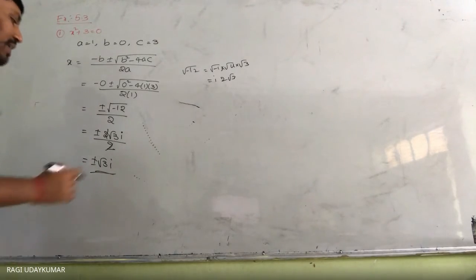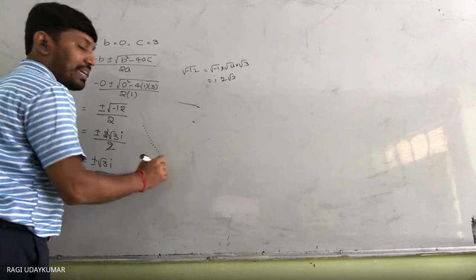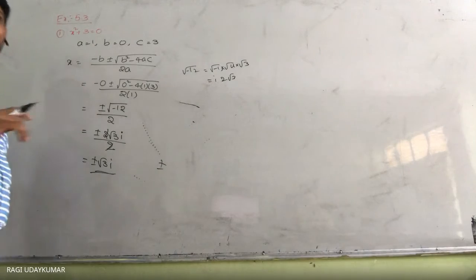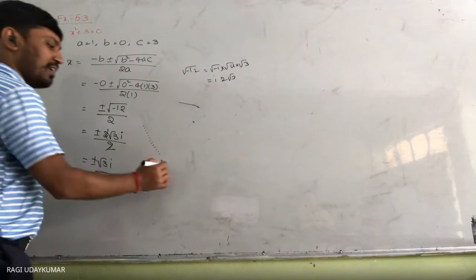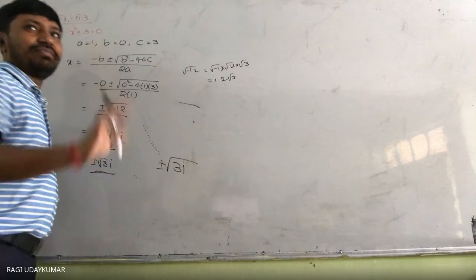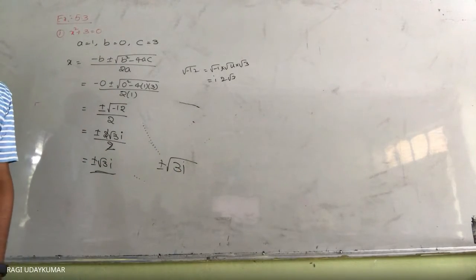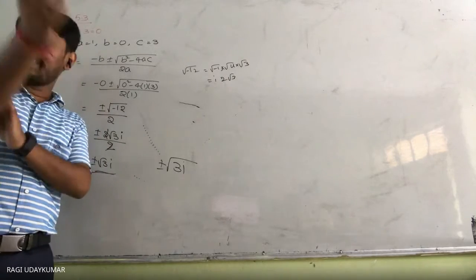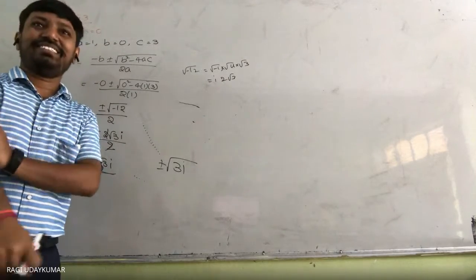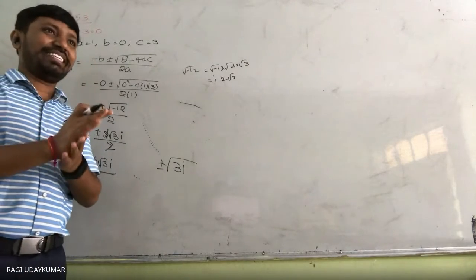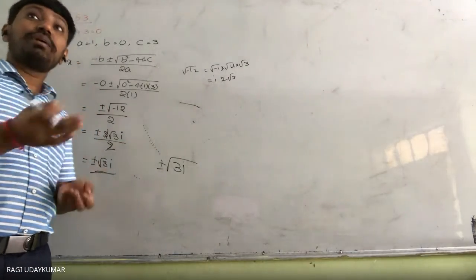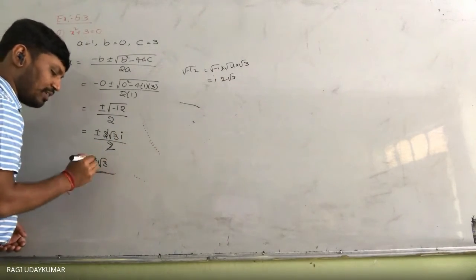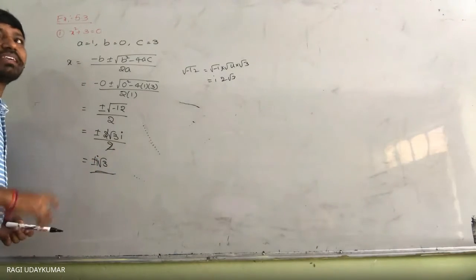And be careful whenever you are writing. Some students may write the i inside the root, which gets confusing. That is why it is correct to write i first, as i root 3, plus or minus i root 3.